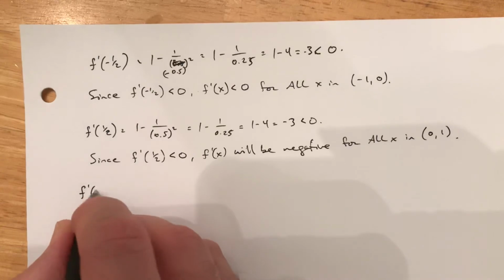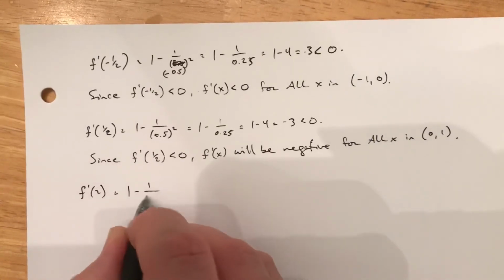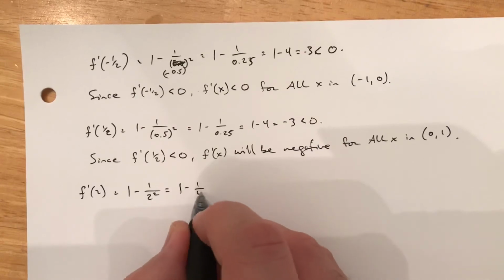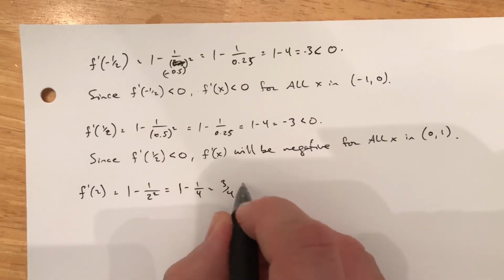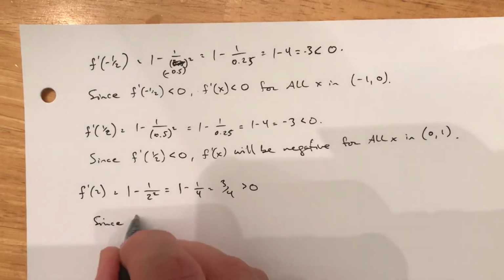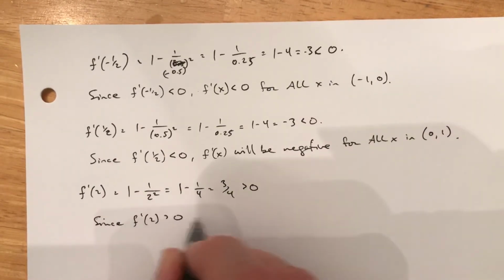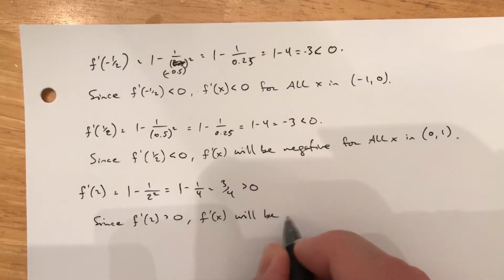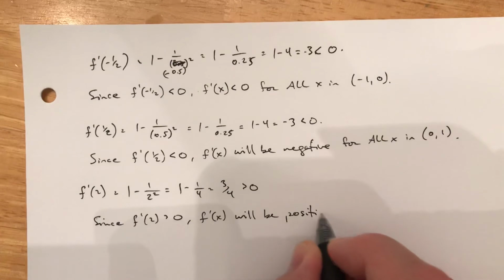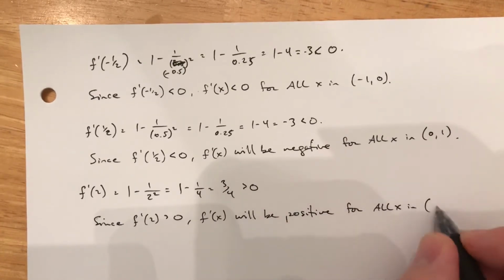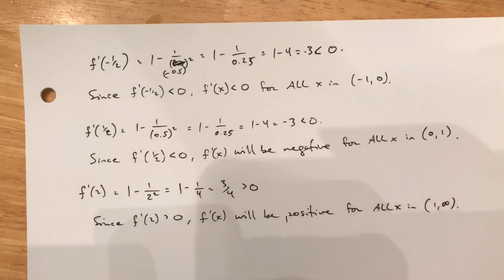And then f prime of 2: 1 minus 1 over 2 squared is 1 minus 1/4, which is 3/4, still positive. And since f prime of 2 is positive, f prime of x will be positive for all x in that interval from 1 to infinity.